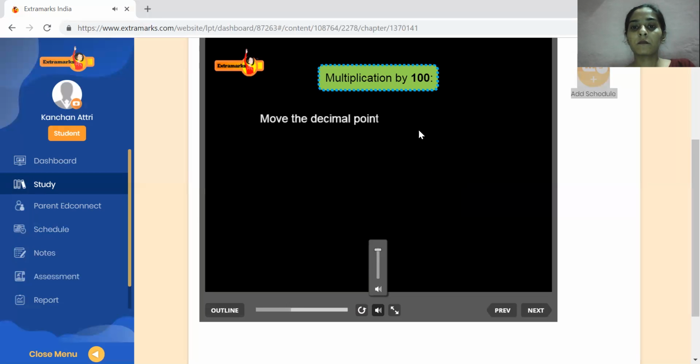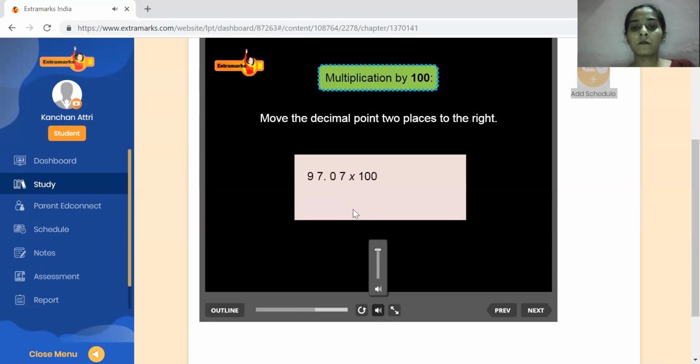If we have to multiply the same number by 100, we will move the decimal point two places to the right. Try and multiply 97.07 by 100. What do we get? We get 9,707, as the decimal point is shifted two places to the right.